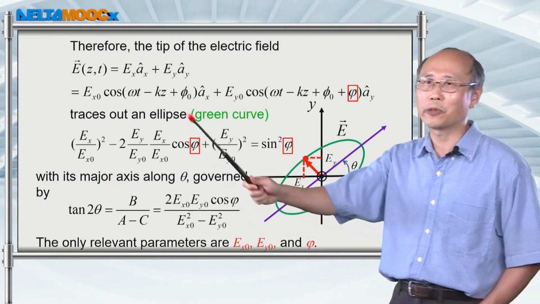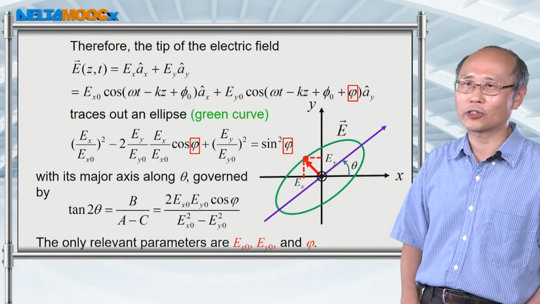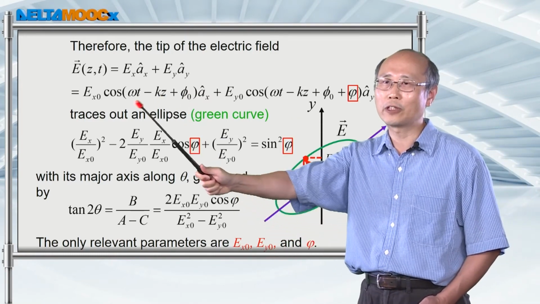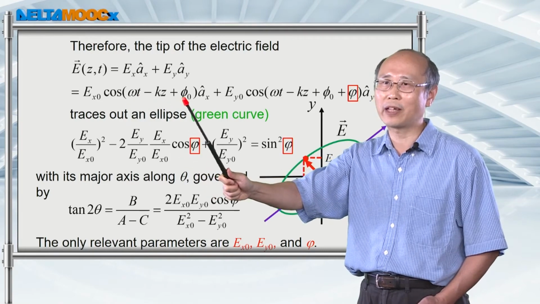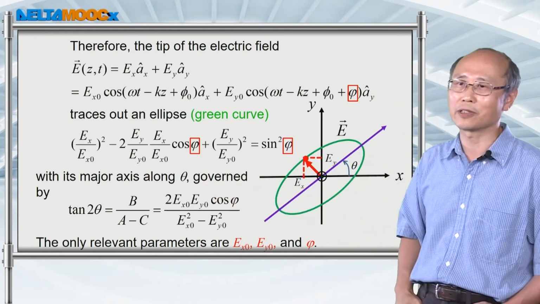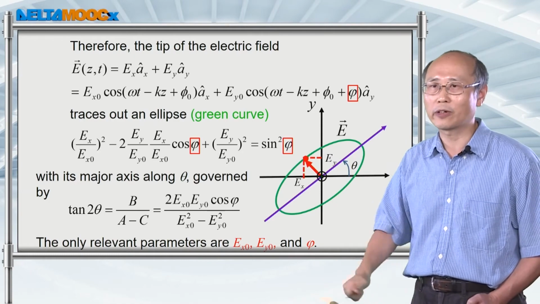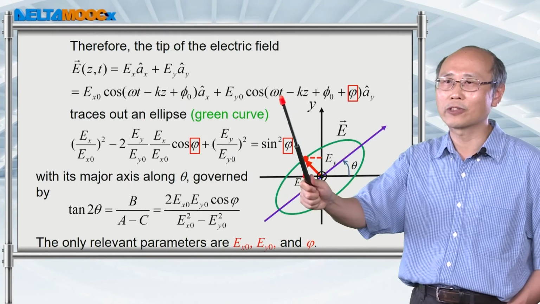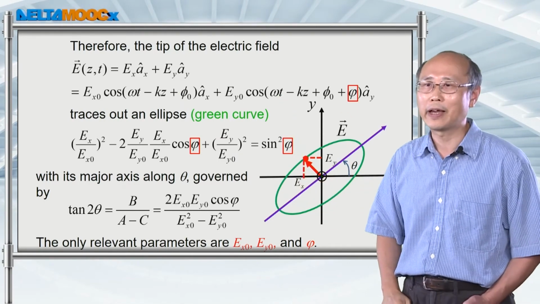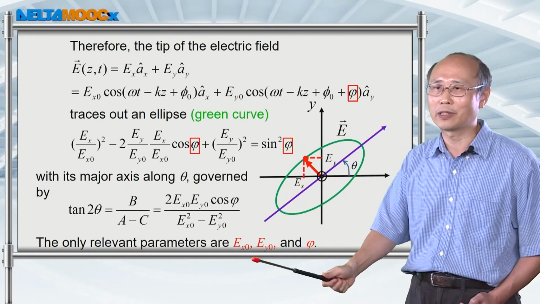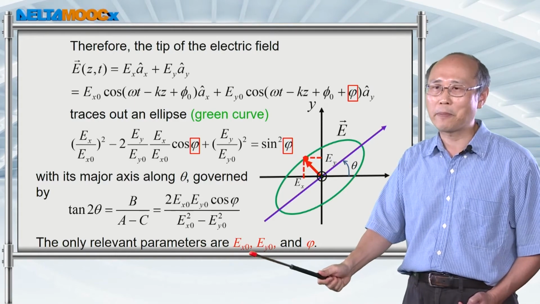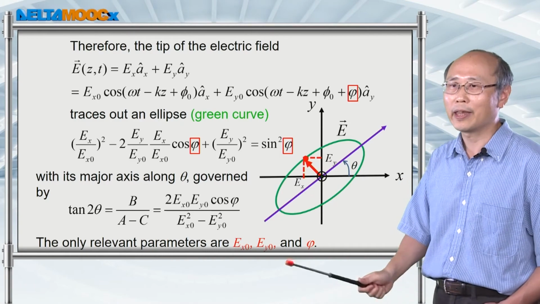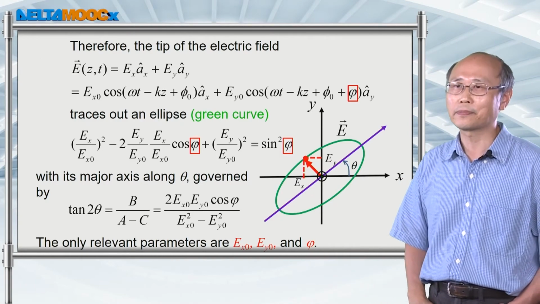So in fact, when we write down this expression, it's just too complicated because there's no role for this omega t minus kz plus phi 0 in this final result. So on the next page, we're going to simplify the expression. Just try to leave out those complicated variables and just keep these three variables, which are the amplitude of the electric field along x direction and along y direction, and then the phase difference.